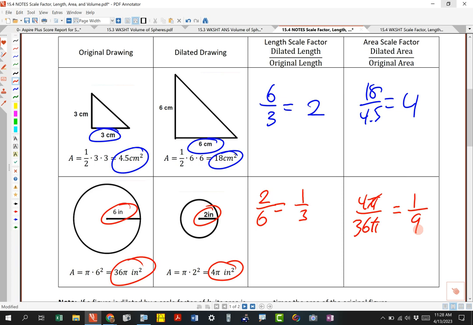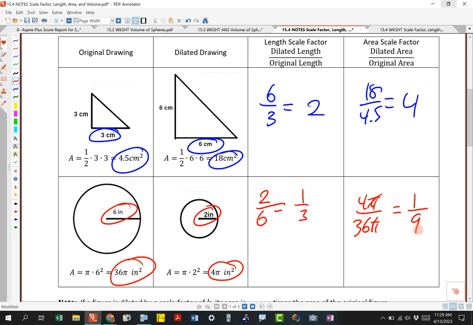Do you notice anything? We figured out a scale factor. That's something we've done for a long time. Then we figure out what impact the scale factor has on the area. Got 2 here, got 4 here, got 1/3 here, got 1/9 here.